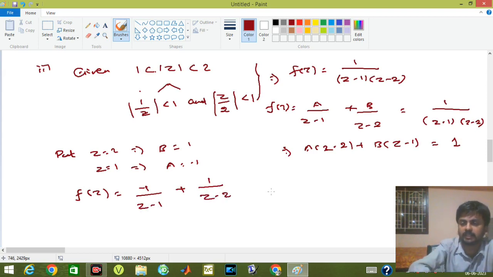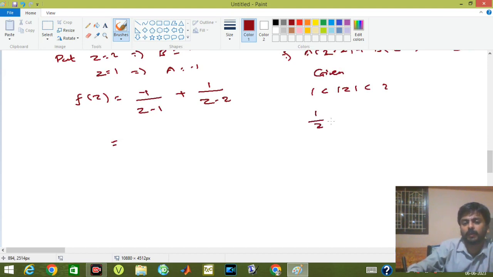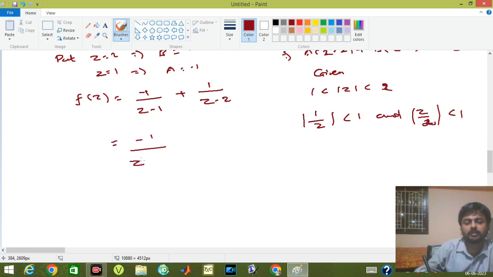So in this step we can make the change. They have given the region 1 less than modulus of z less than 2. So 1 by z will be less than 1 and z by 2 less than 1. So I am considering minus 1 divided by z. If it is 1, I have to take z common outside.